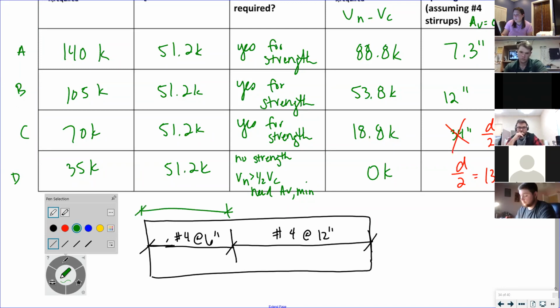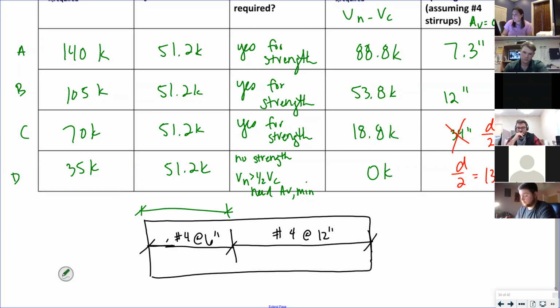So whatever that point B was, for about 55 inches.